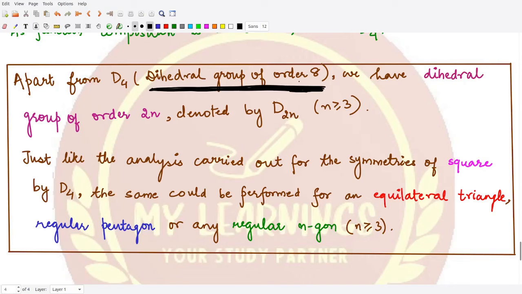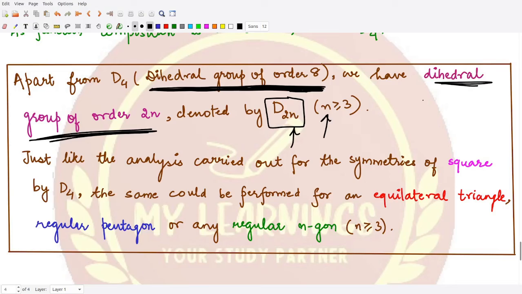We also have the dihedral group of order 2n, which is some general group, where n could be anything greater than or equal to 3. We denote this by D2n, and it would give you the symmetries of a figure which has n such sides.